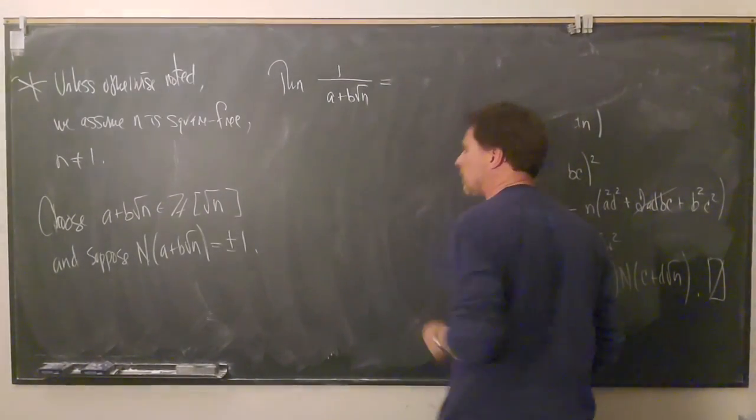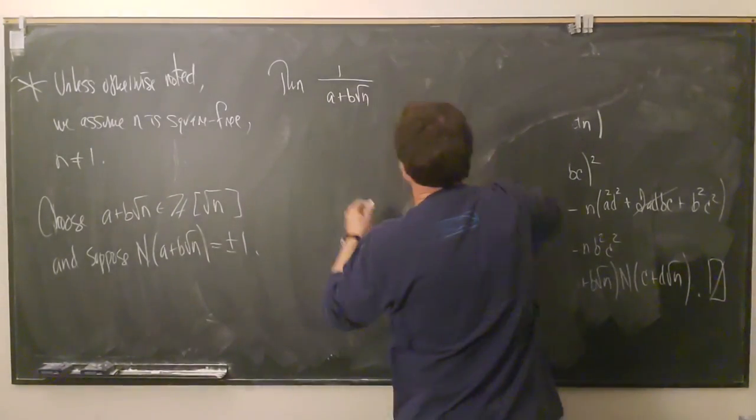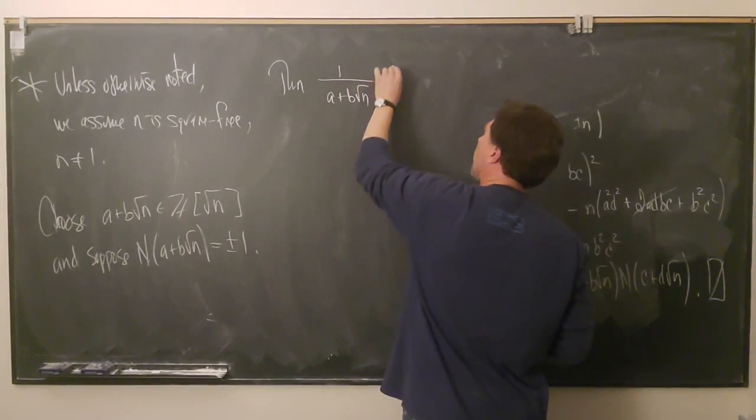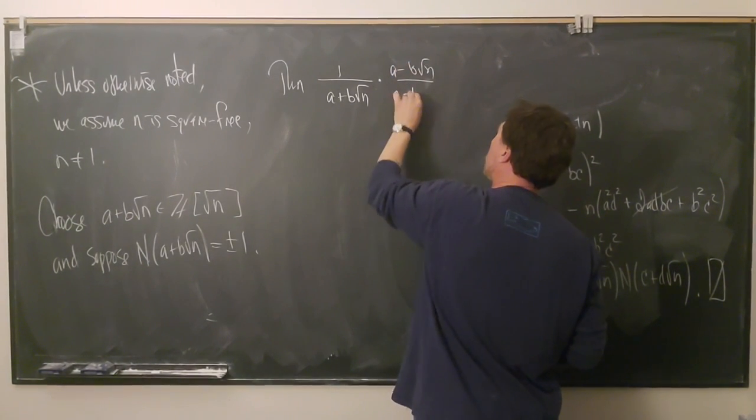So now I need to conjugate it. Before I say equal, let's do the conjugate here: A minus B root n over A minus B root n.